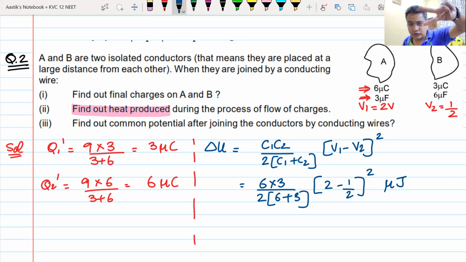On the top, you have 2 microfarad divided by 1 microfarad, so 1 micro will get cancelled. Your answer will come in microjoules. And I think the answer in this case is coming as 9 by 4 microjoule. Anyone got this answer?